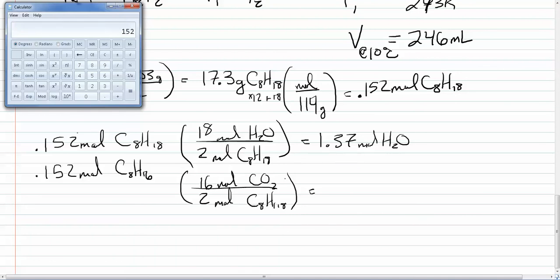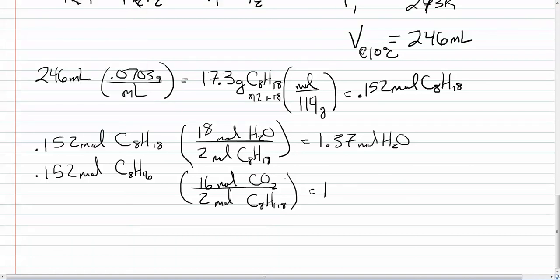Yep, that was right. So then we're going to go 0.152 times 16 divided by another 2, so 1.22. So 1.22 moles of carbon dioxide.